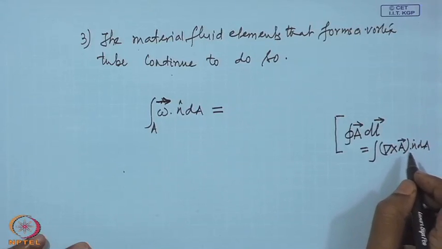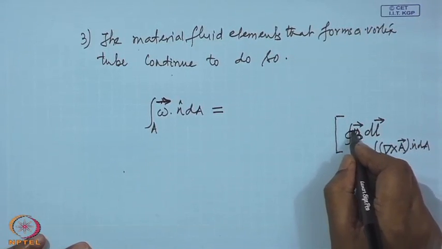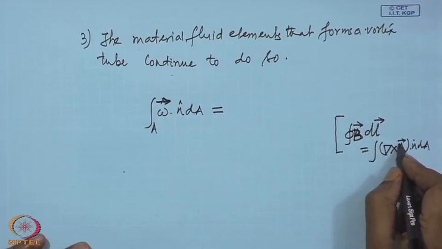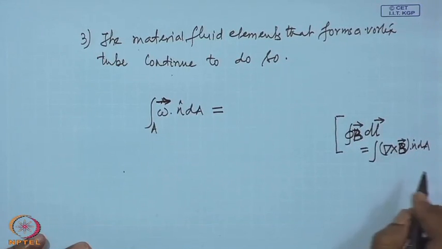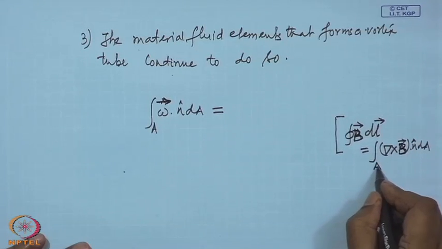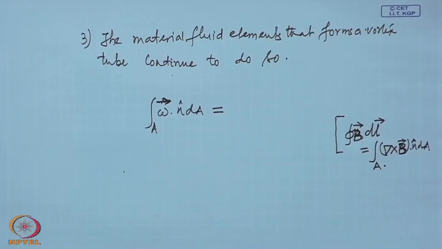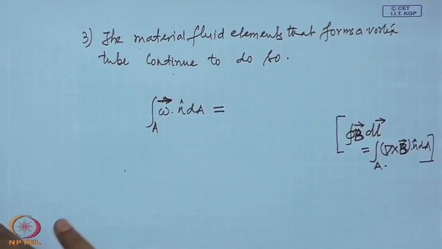Oh, I think we should have taken some other, let us take the vector B, so that there is no conflict of A. Okay. That is the relationship known as Stokes theorem.